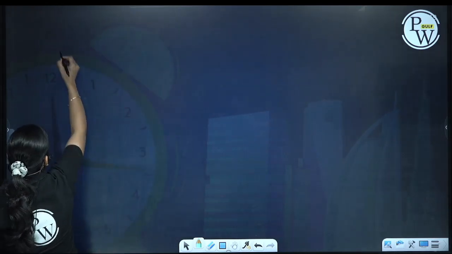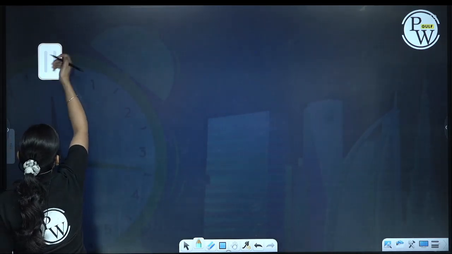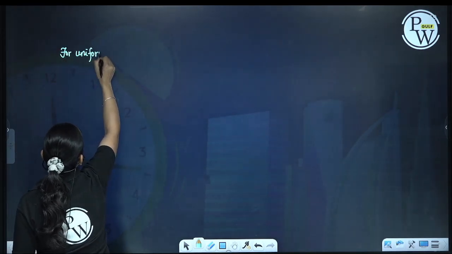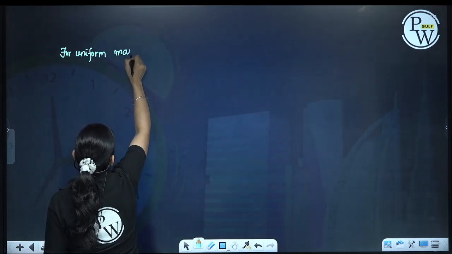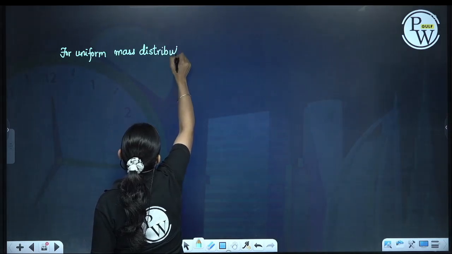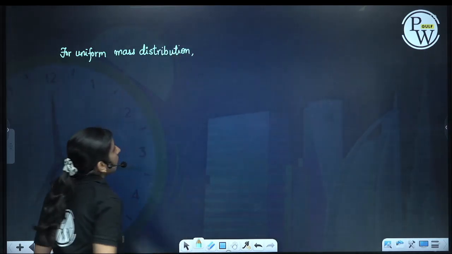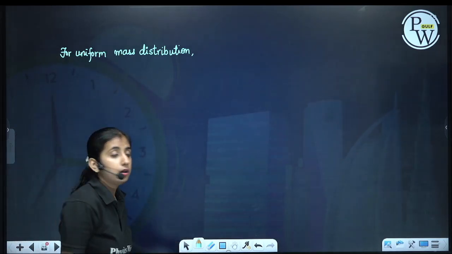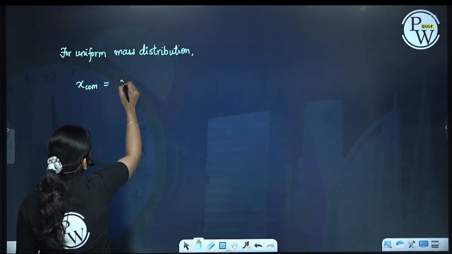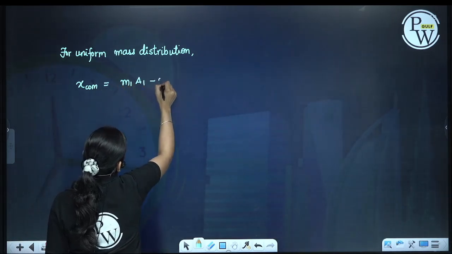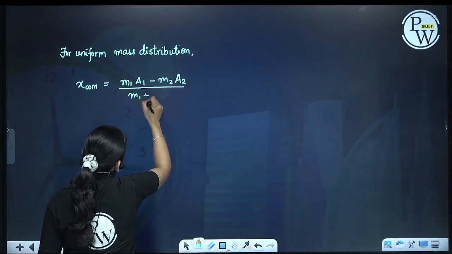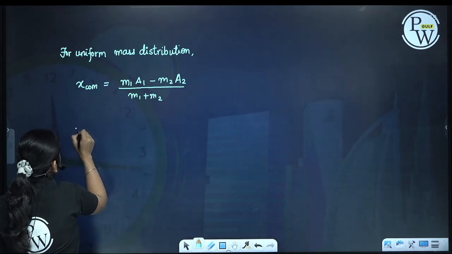For uniform mass distribution, we can also write it in the form of area and volume.